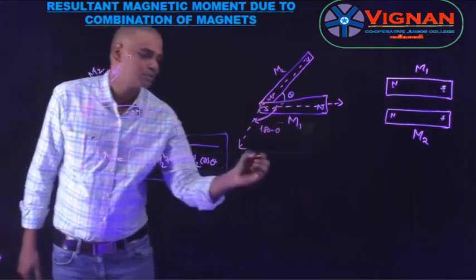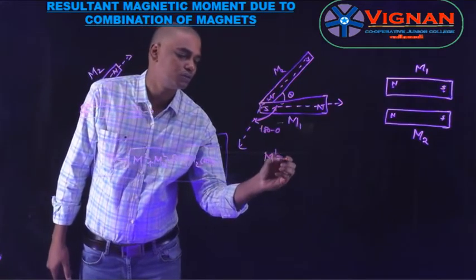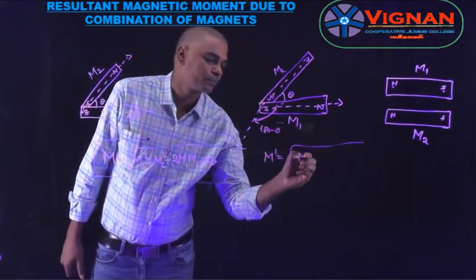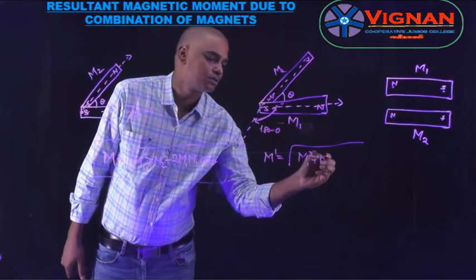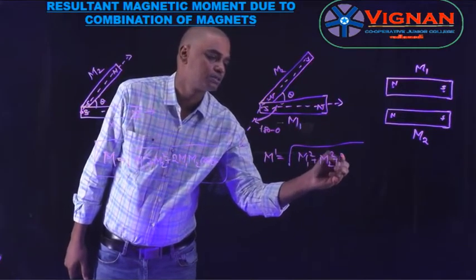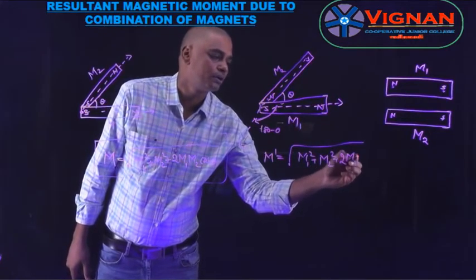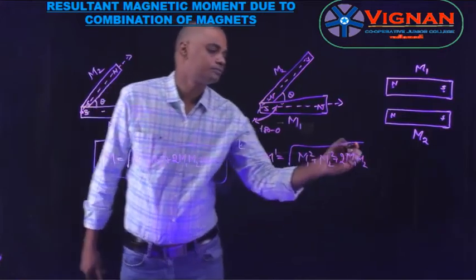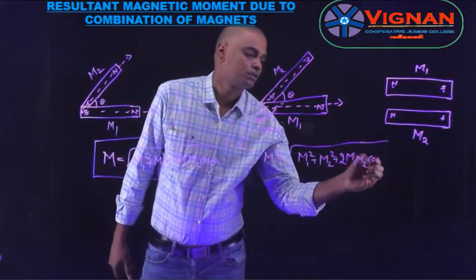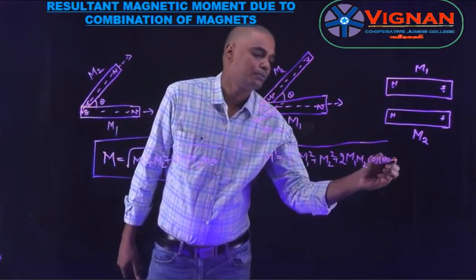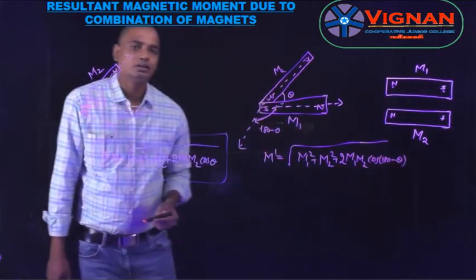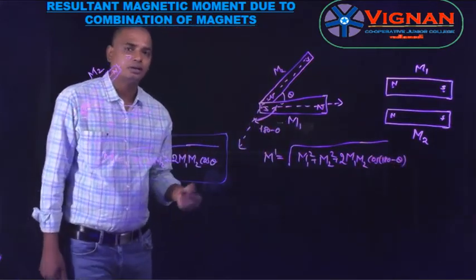By substituting the value, M dash is equal to root over M1 square plus M2 square plus 2 M1 M2 cos of 180 minus theta. What is cos of 180 minus theta? It is minus cos theta.